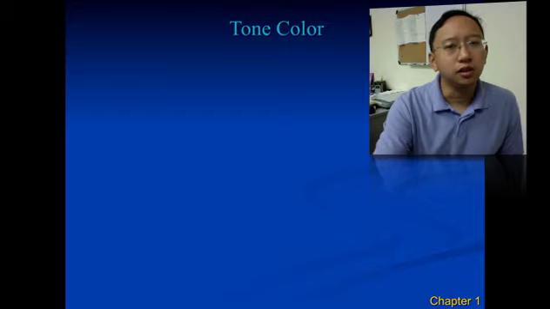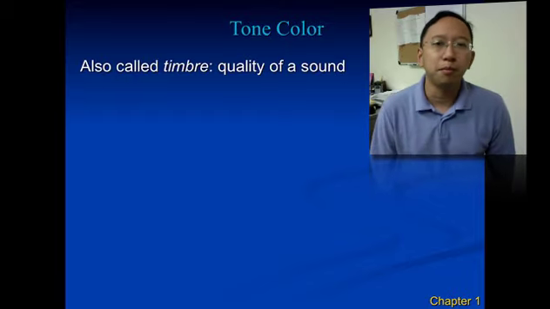The next property of sound or element of music is what we call tone color. That's an interesting terminology, because how can sound, which doesn't have a visual representation, have any color to it? Tone color refers to what we call the timbre of the sound.